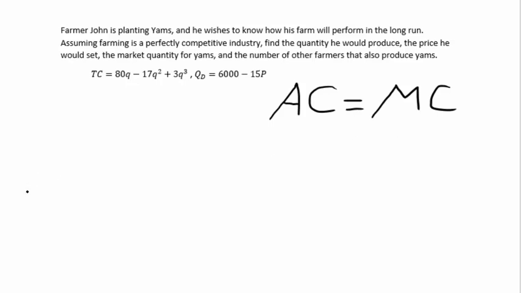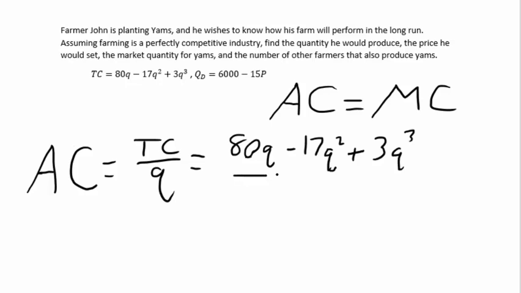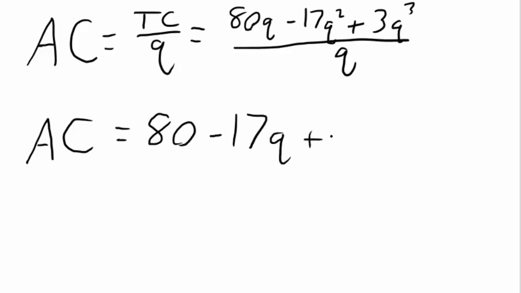First up, we can find our average cost, which is found by taking total cost and dividing by Q. So we would have 80Q minus 17Q squared plus 3Q cubed all over Q. And so our average cost is 80 minus 17Q plus 3Q squared.